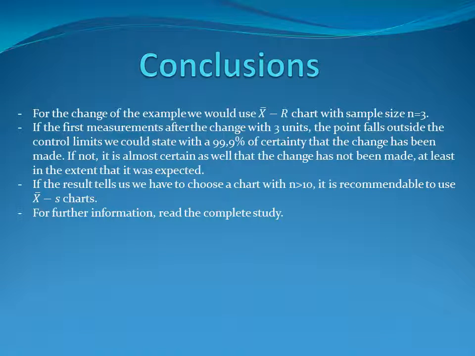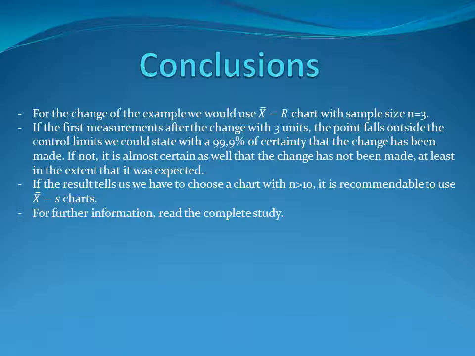These sample sizes, for example in the case of the X bar chart, tell us that in order to be able to detect this change, we would use a sample size of 3. Then, previously to the adjustment, we would like to produce 3 units without the change, and then 3 units with the hypothesized change.